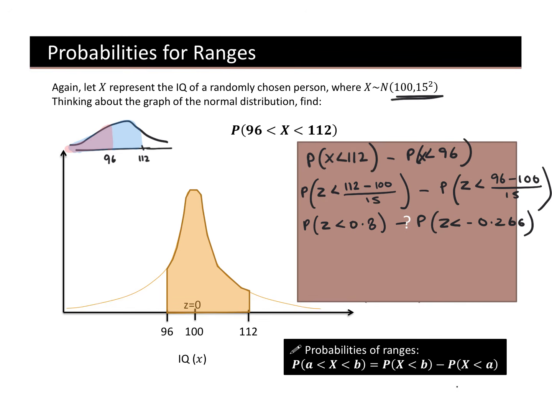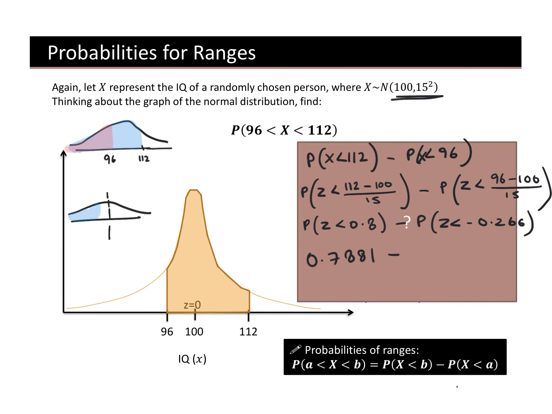Well, the first one's easy. We just want probability of z being less than 0.8, which is 0.7881 minus. Now, the probability of z being less than a negative number, can I do that? No. Now, because it wants z being less than a negative number, think about this. I want z being less than minus 0.266, which is here.